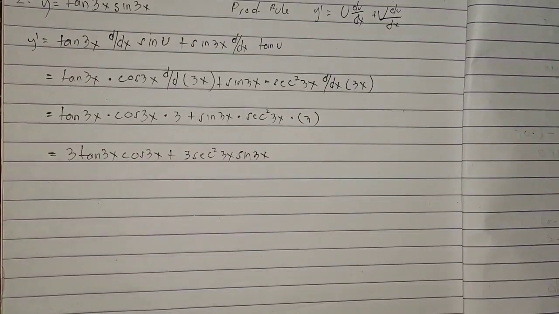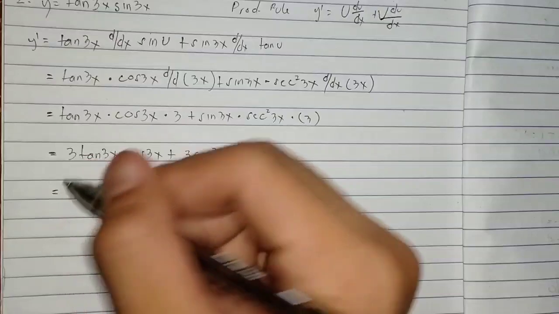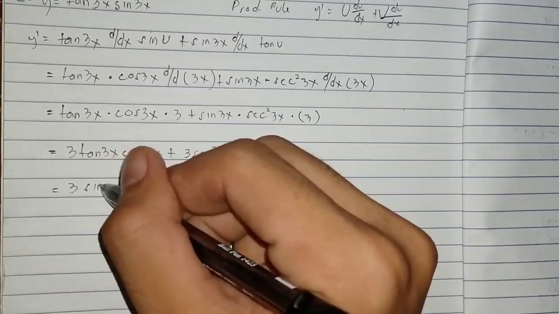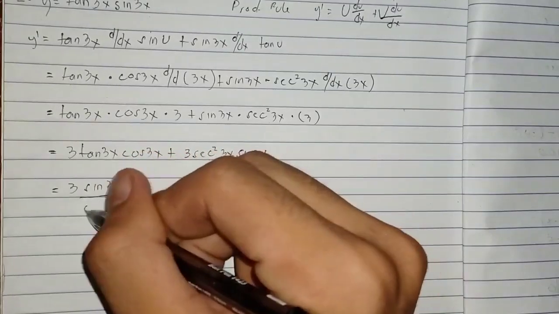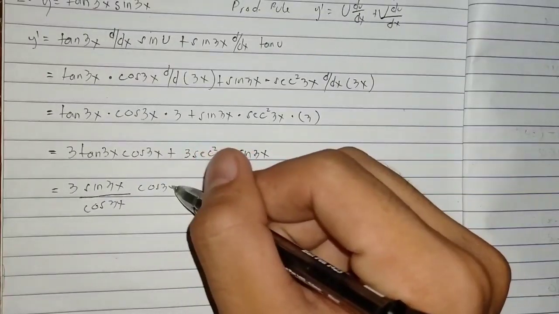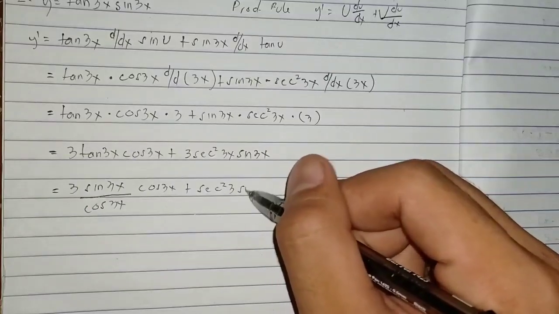As we can see, we have our tangent here. We can simplify it further because tangent is equivalent to sine over cosine, according to the lesson we've learned. So if we simplify this, it will look like 3 sine over cosine times cosine 3x plus secant squared 3x times sine 3x.